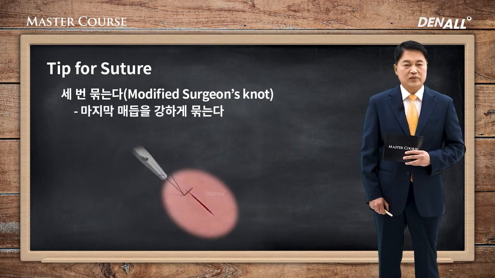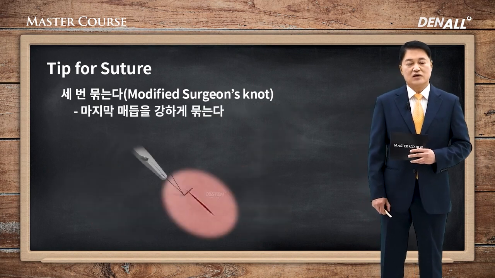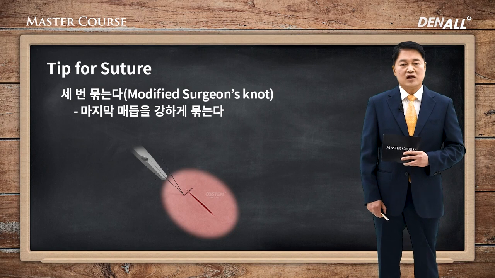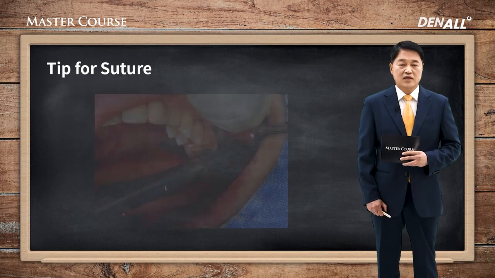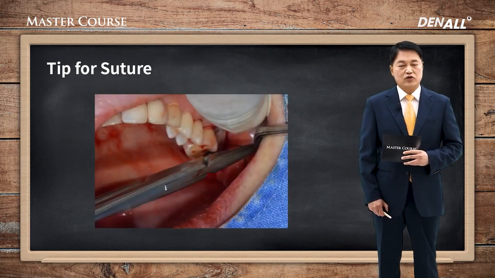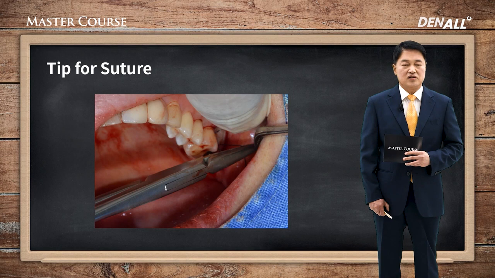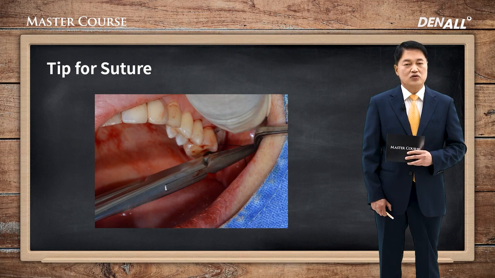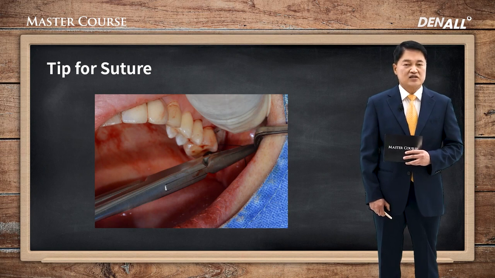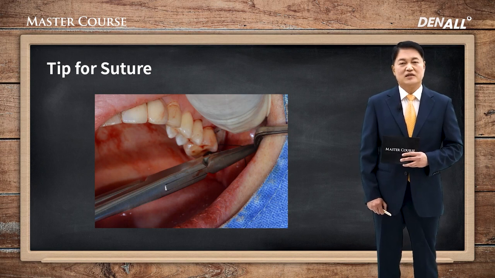And the last knot needs to be very strong, so that it would put everything in place and position. And for good suture, again, close to the mouth, your finger goes in, and with one finger you hold the needle, and with the other finger you hold the silk to tug and pull, and that is the tip for good suture.